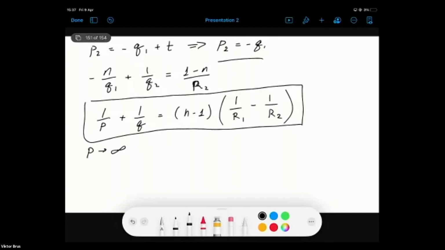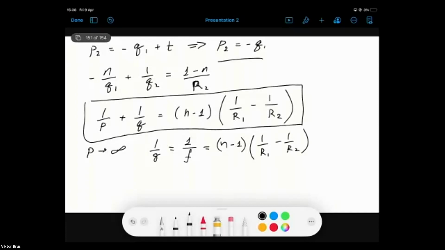In this case, the previous equation can be modified, and it will be 1 over Q, where Q is the position of the image, written here as 1 over F equals (n minus 1) times (1 over R1 minus 1 over R2).